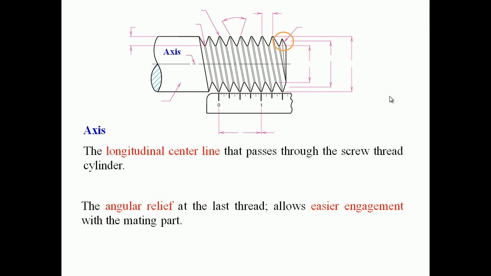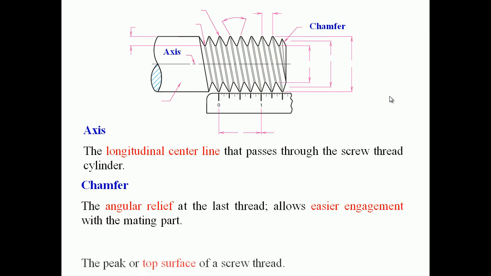By seeing the profile itself you can say what the term is. It is known as chamfer. We discussed in the class so many times what is chamfer, what is round, what is fillet. You have to know this term also in a screw thread form, chamfer.